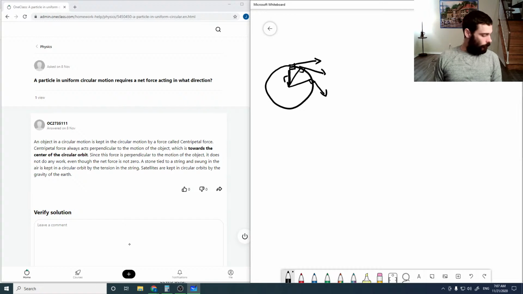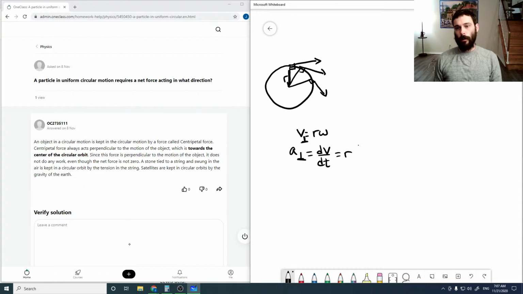So we have that v is r omega, and so our acceleration perpendicular to the R, this velocity, is dv by dt, which is r d omega by dt.